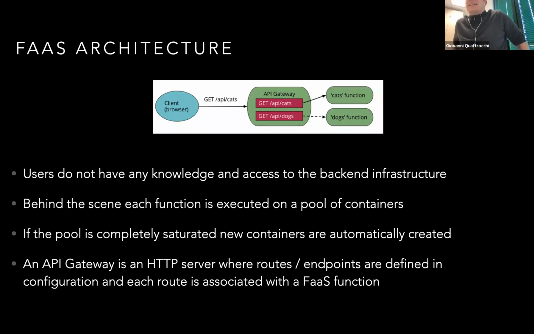So just one more bit on the FaaS architecture. We have the client again. Usually you have a so-called API gateway that binds a REST endpoint to a function. You can also connect functions to events. For example, when a notification is received, you trigger the execution of a function, or to endpoints, as in this case.